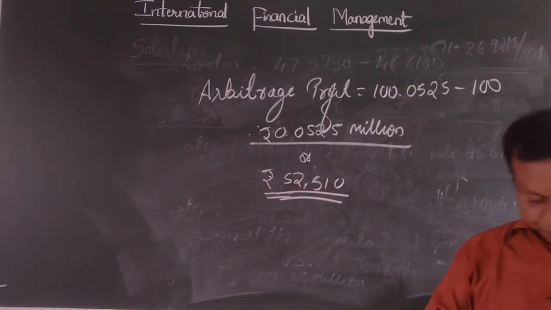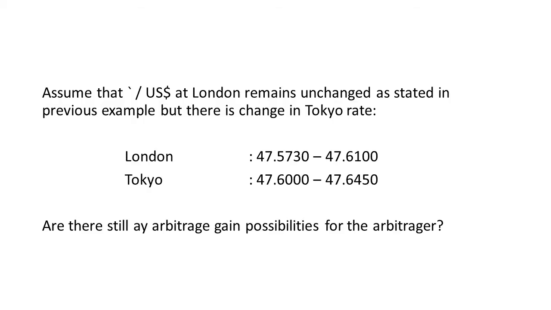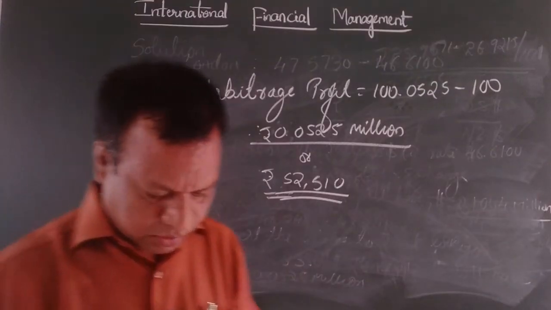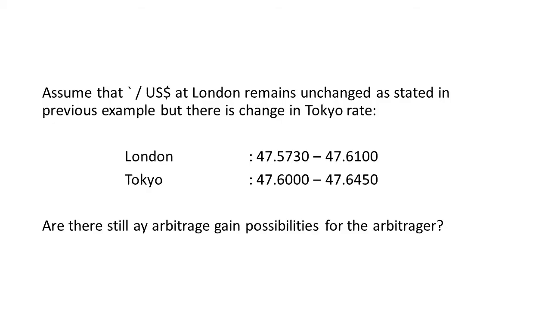In the same way, you can see the next slide. We are given one more problem. Hope you read the problem. Assume that the rupee by US dollar rate at London remains unchanged as in the previous example, but there is a change in the Tokyo rate.